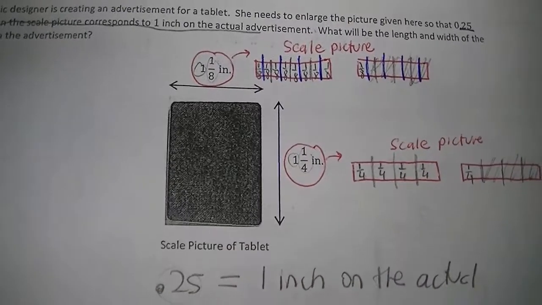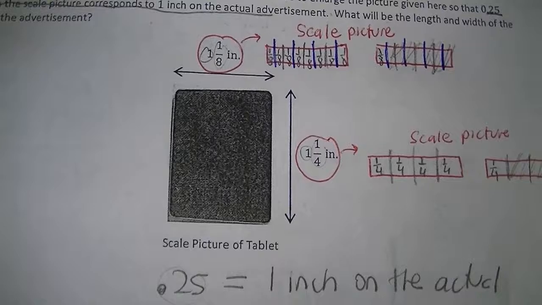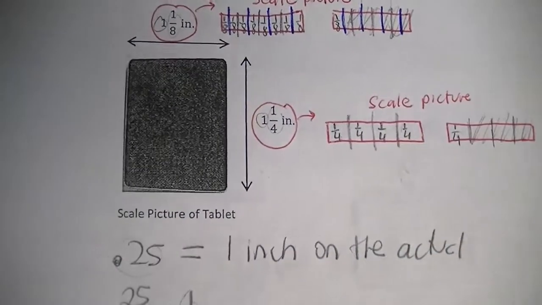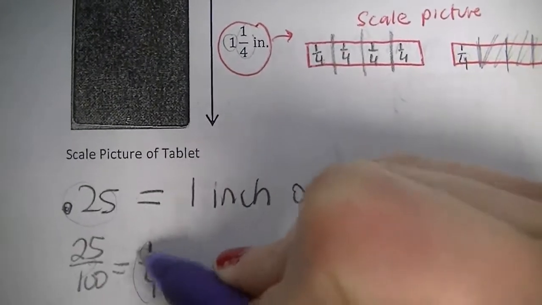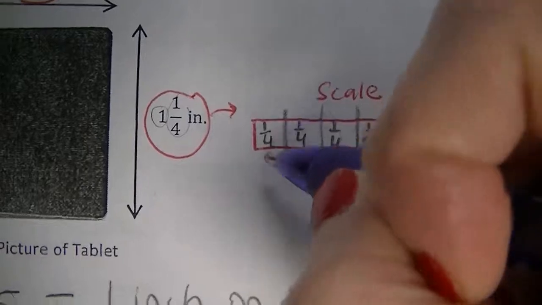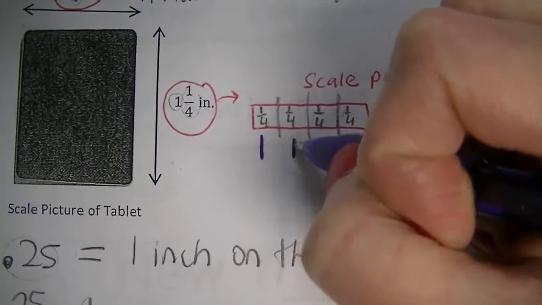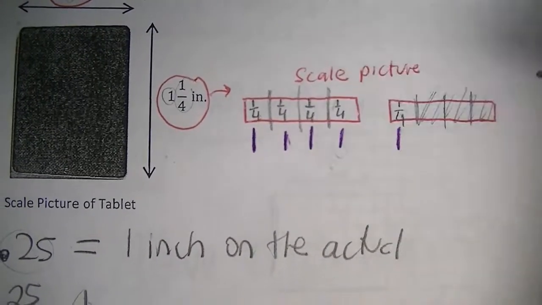What am I talking about? The actual advertisement, okay? So I'm going to grab another pen color just so I try not to confuse you if you are confused at all. Okay, so I'm going to start with this one right here. 25/100 or 1/4, these are all equal, is 1 inch on the actual. So here's 1/4. That's 1 inch on the real thing. There's another inch on the real thing. Another inch. Another inch. And another inch on the real thing.